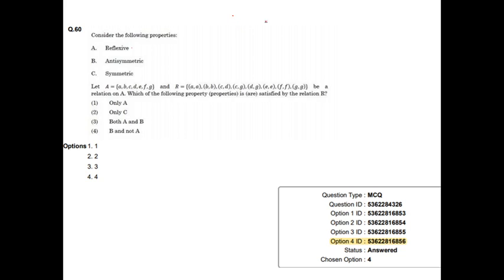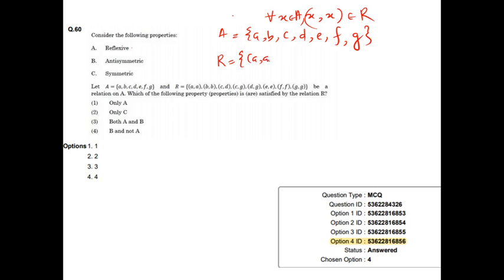By the definition, for all x in A, xx should be present in R. A is given as A, B, C, D, E, F, G. So to make this relation reflexive, R should contain AA, BB, CC, DD, EE, FF and GG.